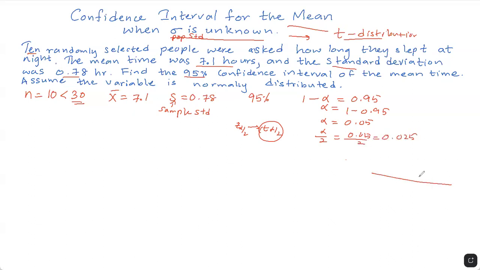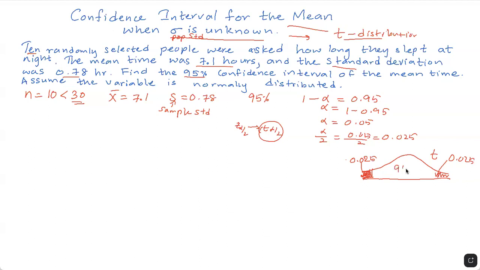In the t distribution, the distribution is also a bell shape, and this is the t. In one tail we have 0.025 and the other tail also 0.025.